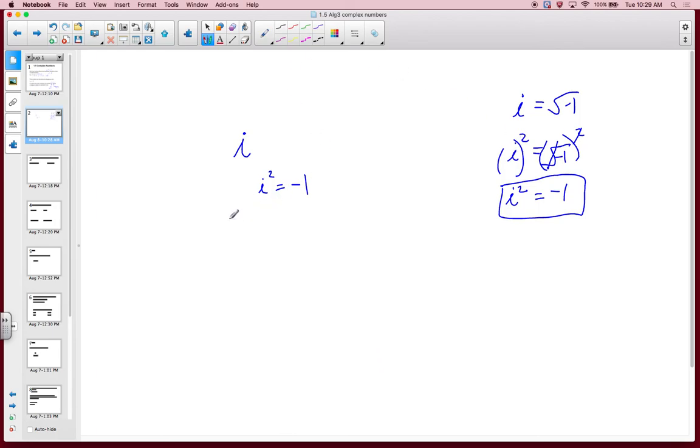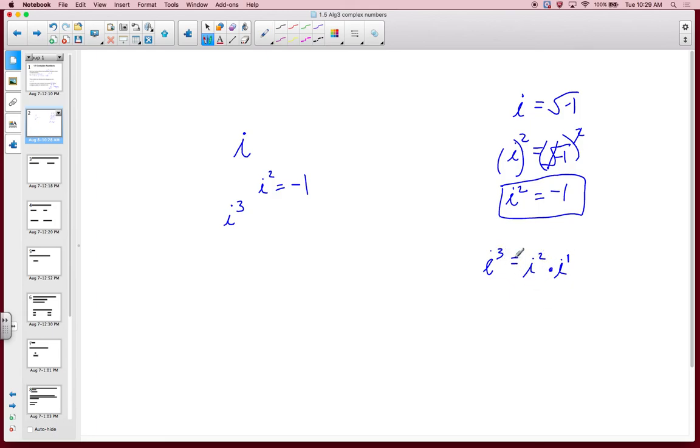If we go ahead and we try and find i cubed, well, we could break this up knowing our exponent properties. We know that this can be written as i squared times i to the first, because when I'm multiplying and I have the same base, you add the exponents. 2 plus 1 is 3.